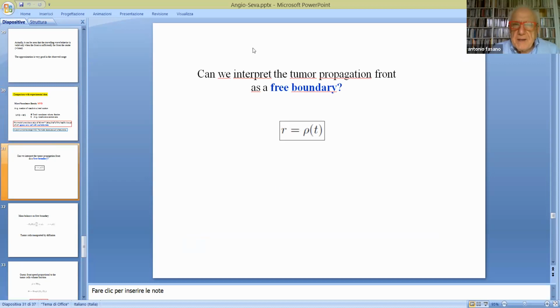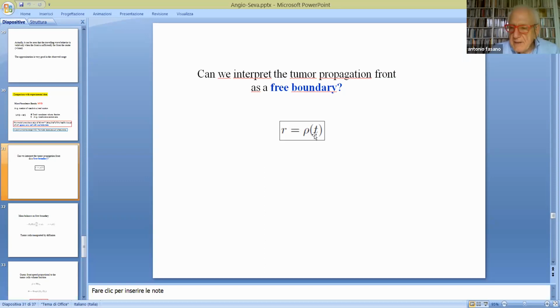Now the final question: can we interpret this as a free boundary? Because the moving front of this traveling wave is very sharp, so it suggests a free boundary behavior. So let's introduce this unknown boundary, separating the tumor from the host cells.